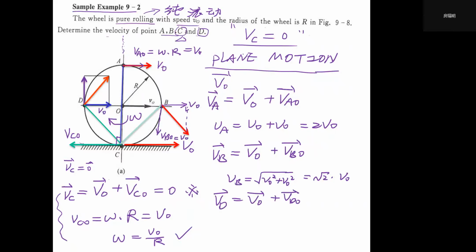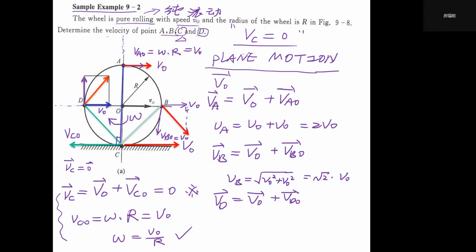Another is VDO, which we know should be perpendicular to this link line DO, along the direction of omega. So once again we can prolong OD and use this reference dashed line around the point D, along the direction of omega, rotating another 90 degrees.